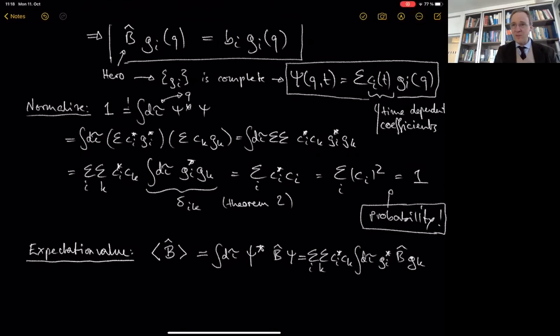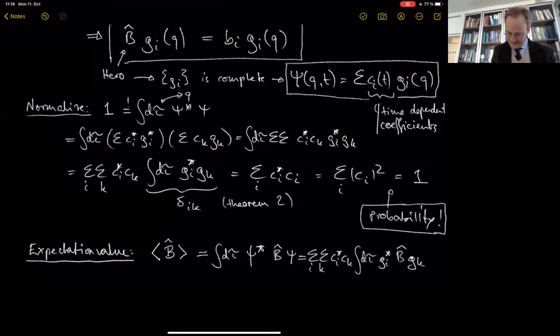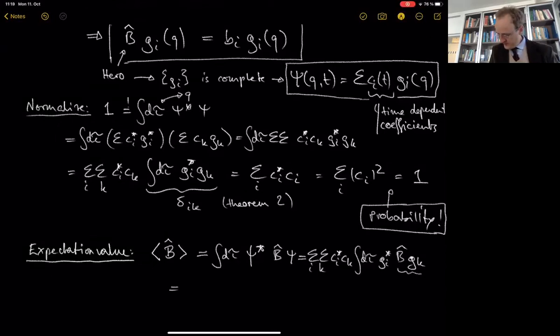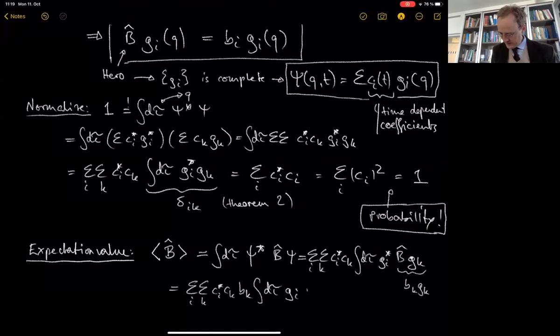Now, as B is being applied to g_k, of course, we get the eigenvalue in front of it. So this here is b_k g_k, and hence we have the sum over i, k, c_i c_k b_k, d tau, g_i g_k.